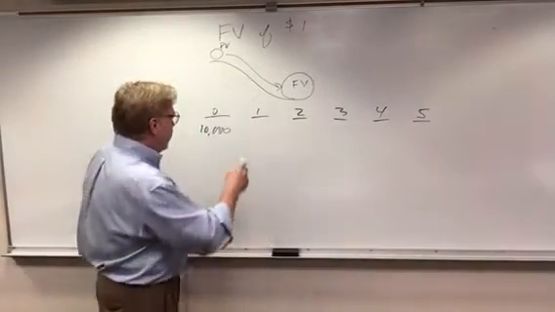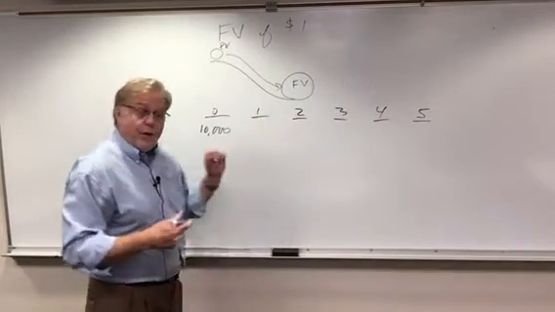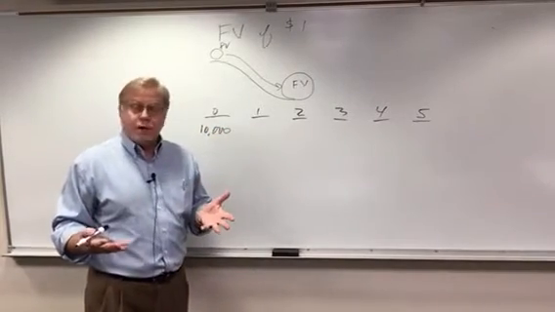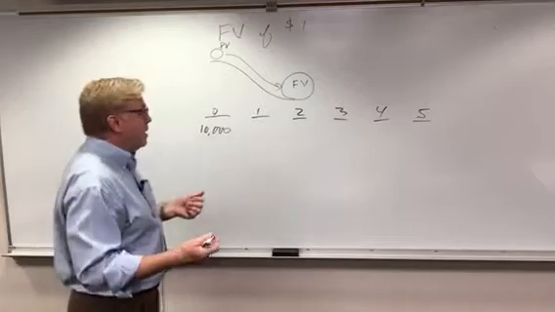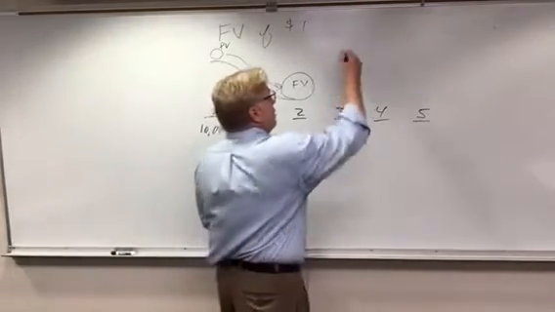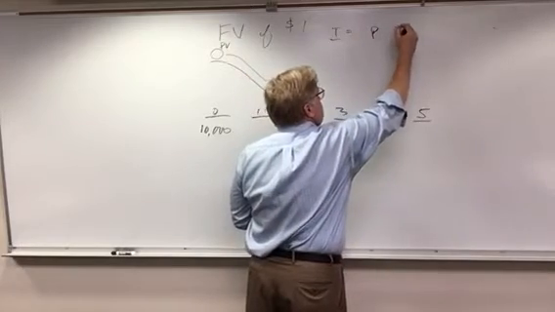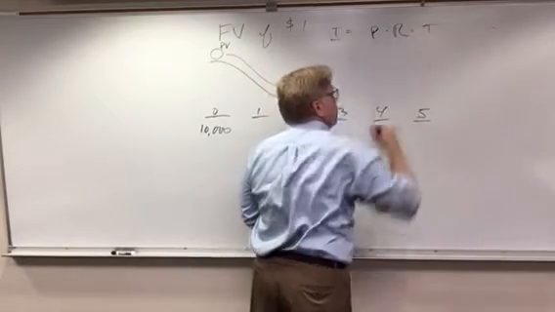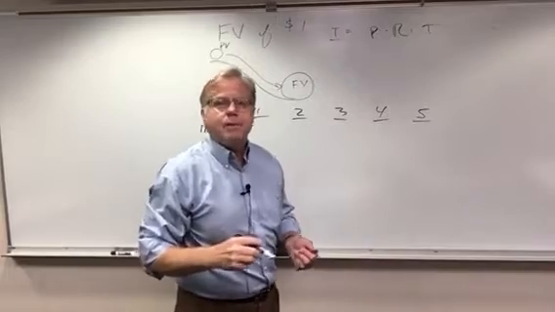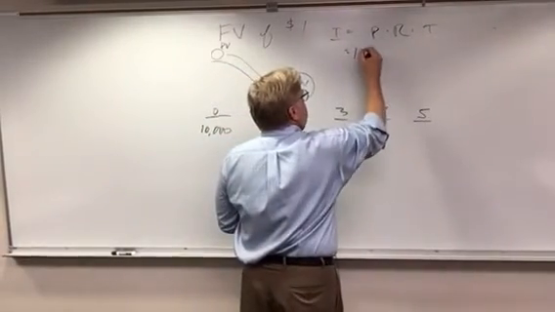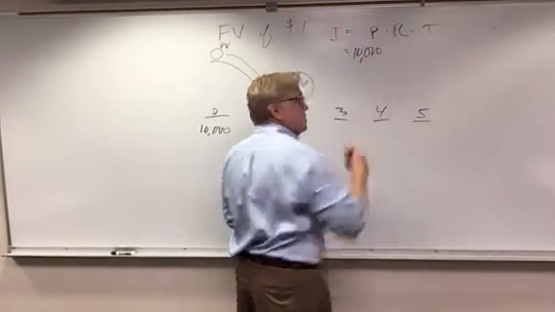And so let's look at that. During the first year here, we're going to earn interest at a rate of 10%. Well, if you recall how interest is calculated, we use this formula here. I equals P times R times T. Principal times rate times time. And so in this first year, we have a balance of $10,000 that's invested.